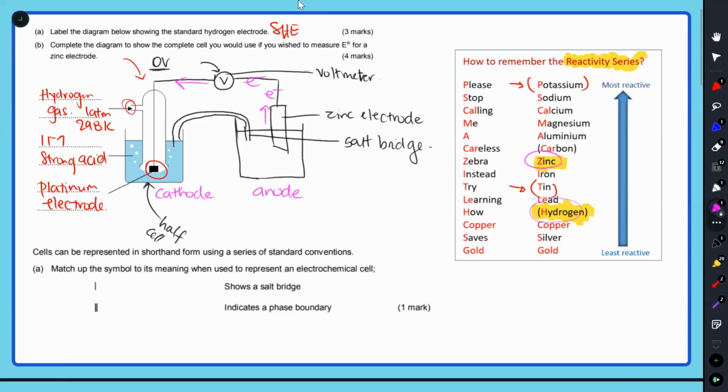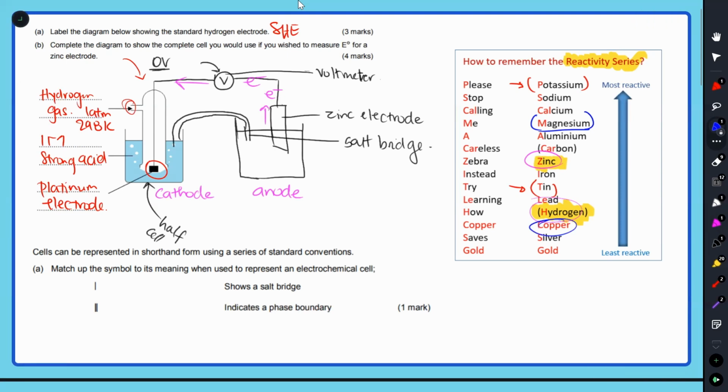So if we were supposed to have a cell using a magnesium electrode, I'm using different electrodes because I want to give you practice while we're doing this, right? Versus a copper electrode.